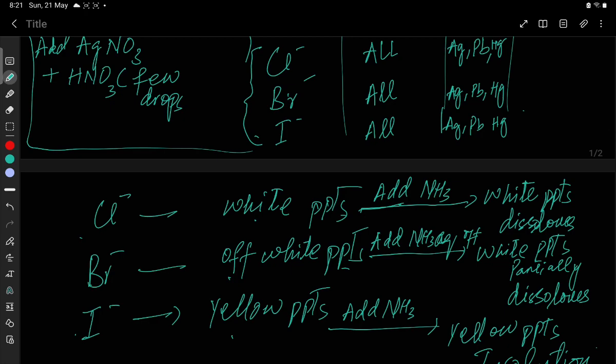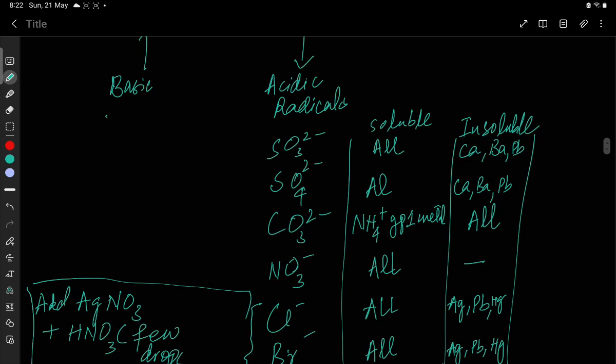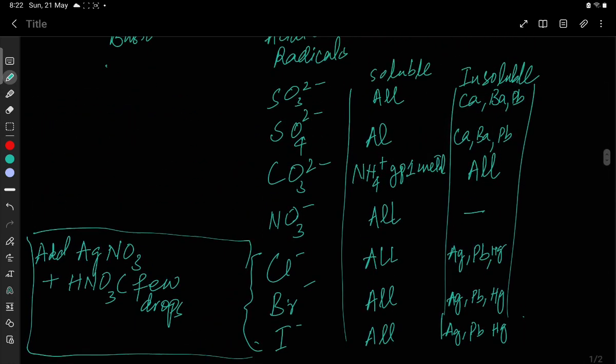If you can't identify white and off-white precipitates, whether chloride or bromide, confirm it by addition of aqueous ammonia. With aqueous ammonia, white precipitate dissolves in case of chloride ion, but partially dissolves in case of bromide ion, and yellow precipitate is insoluble in aqueous ammonia. So this is further confirmation of halide ions.